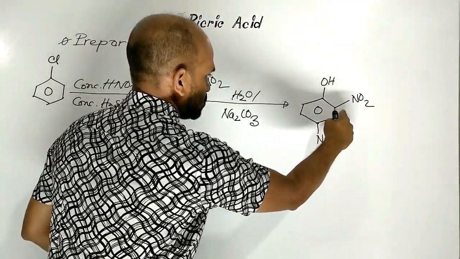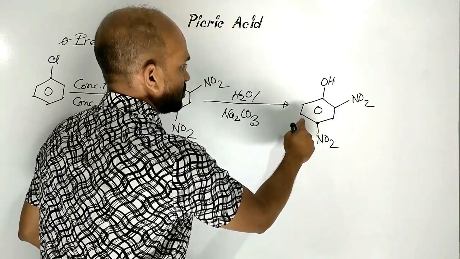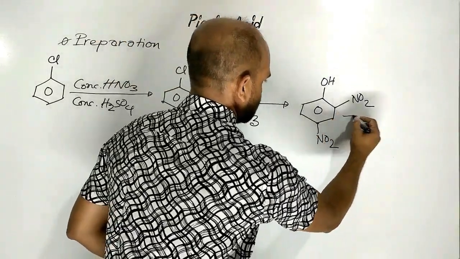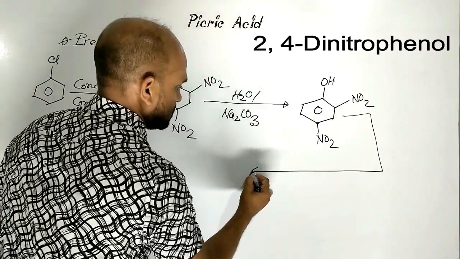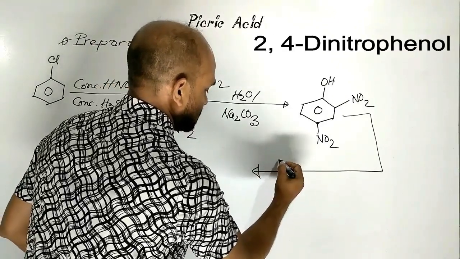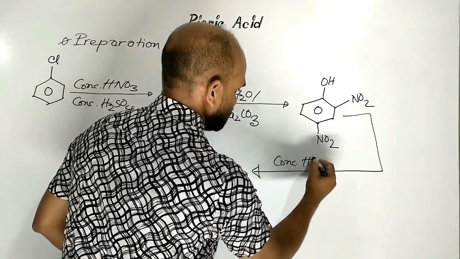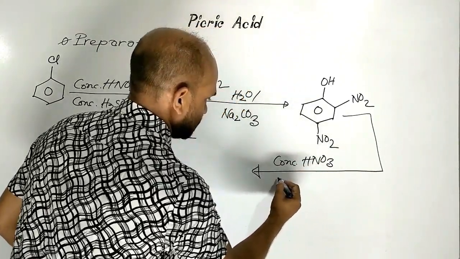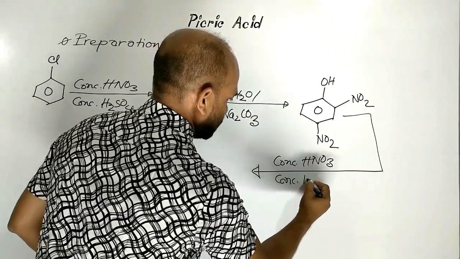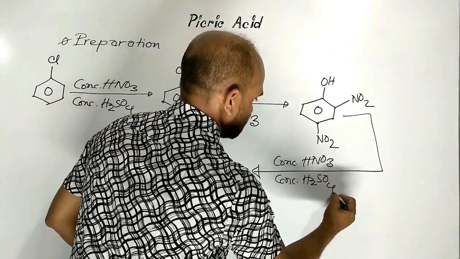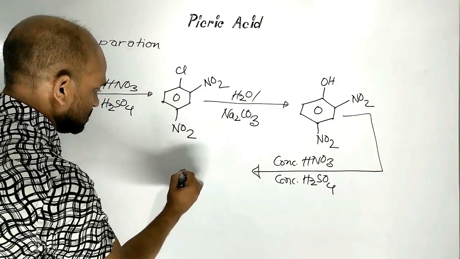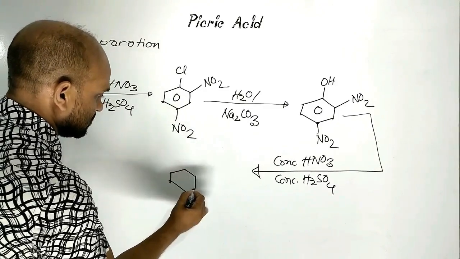Now 2,4-dinitrophenol is obtained. Now this compound is again nitrated in presence of concentrated sulfuric acid. Then this is obtained.